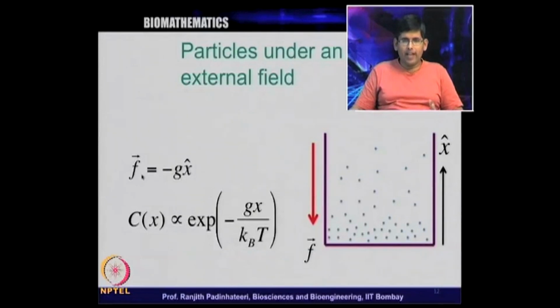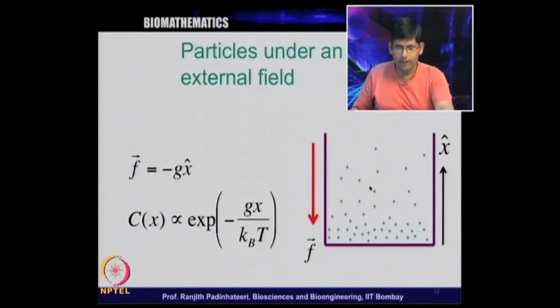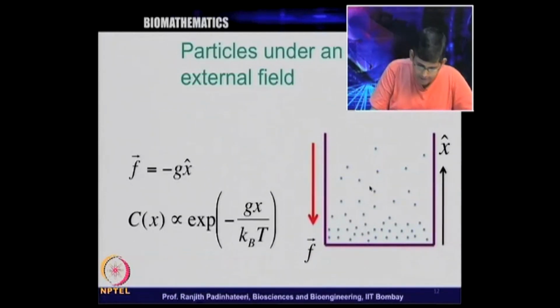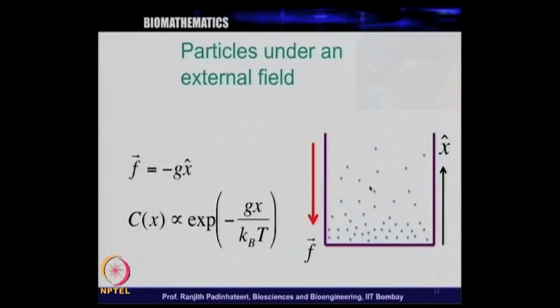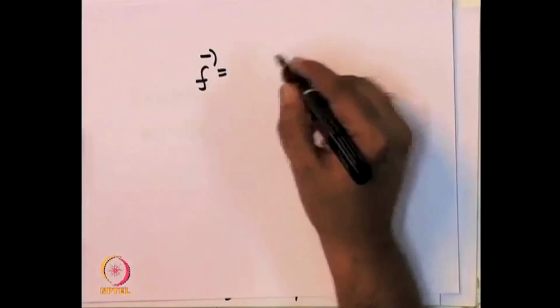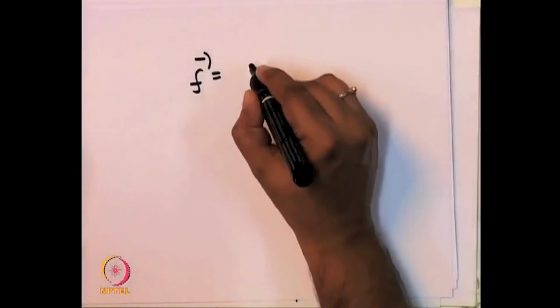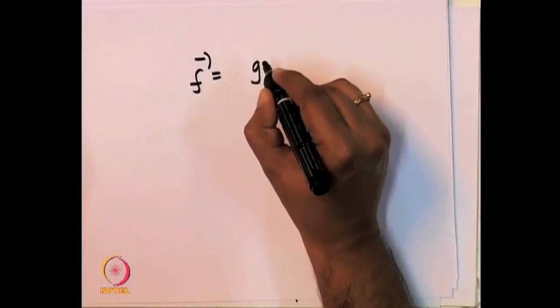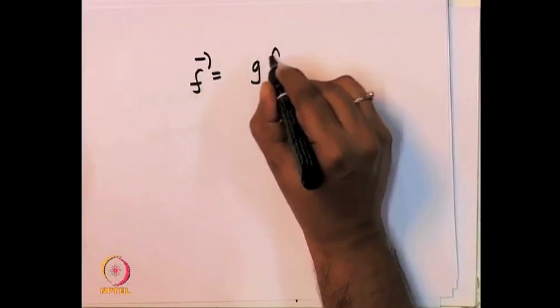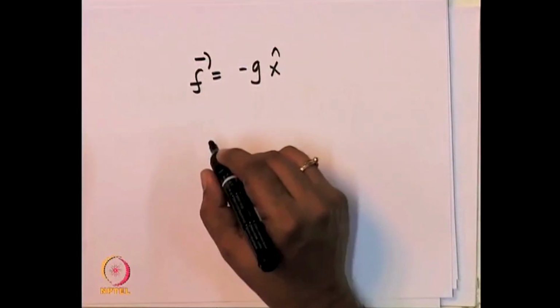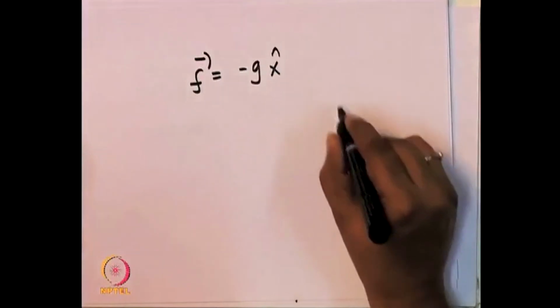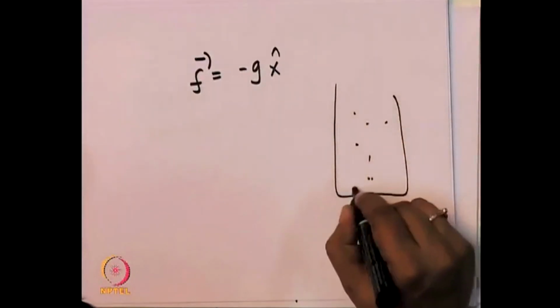So we can say that for every particle, if you want this particle to go up a distance x, it has to spend an energy F dot x. So if you have a force F, let's say it is minus G x cap, and you have such particles and each of these particles is experiencing a force.